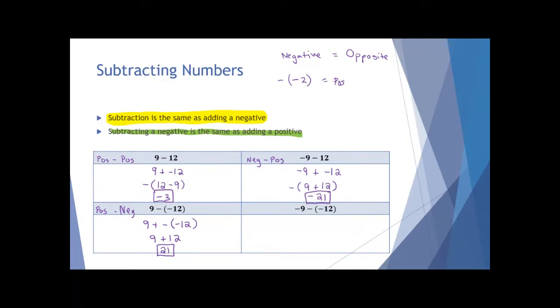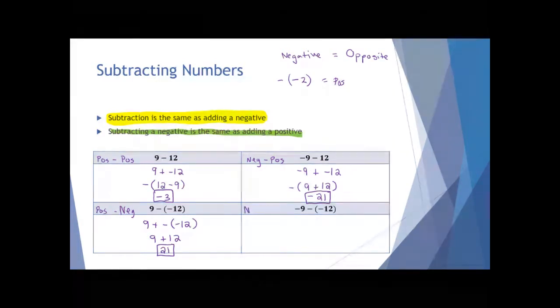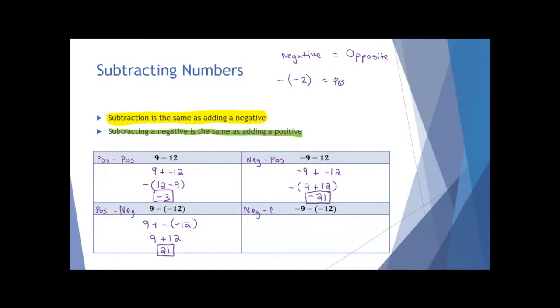Now on the bottom right, I have a negative minus a negative. So I'm going to take my subtraction and turn it into adding a negative. So I have negative 9 plus, turning into adding a negative, plus a negative, negative 12. And the two negatives there turn into addition.